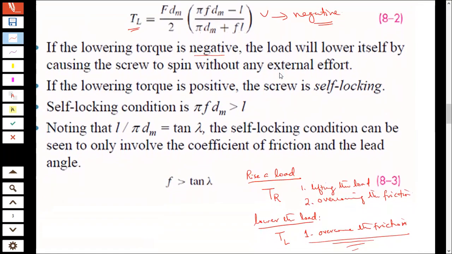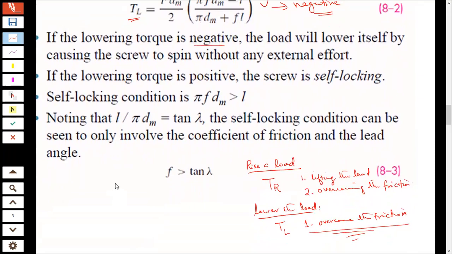And I'll give you an example of that. For example, you would have seen a toy, maybe you would have used it, where there is a thing that spins on it, right? And when you put it there, it just comes down by itself.